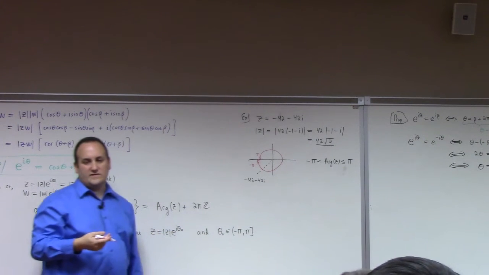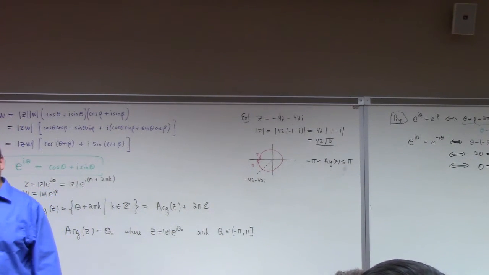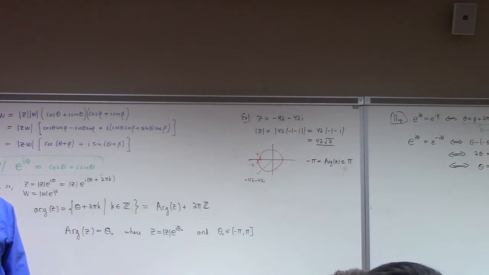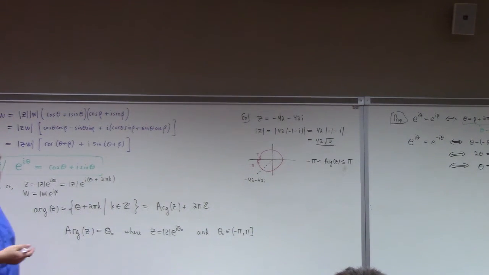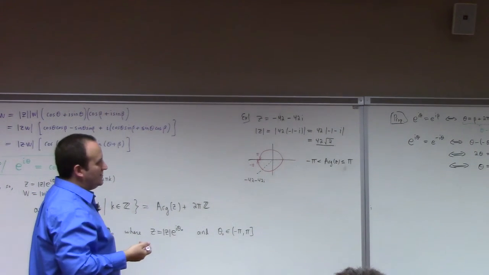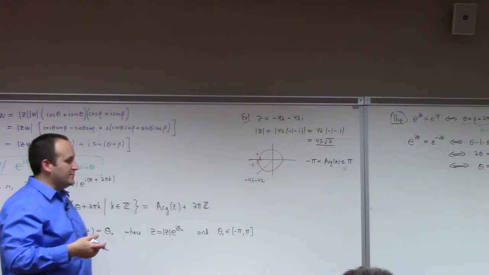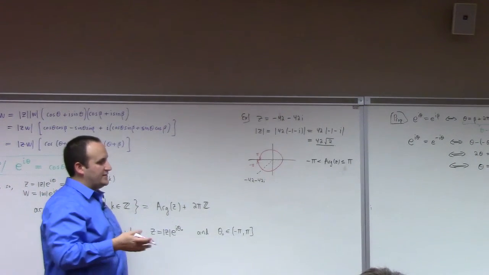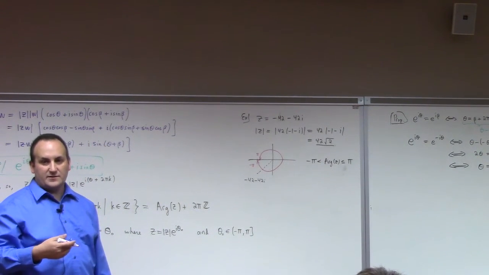But it is just a standard angle. The principal argument is nothing more than a standard angle. So what's the standard angle then of this one? Keeping in mind it's not quite the standard angle you might usually use. It has to be between minus pi and pi, pi included.